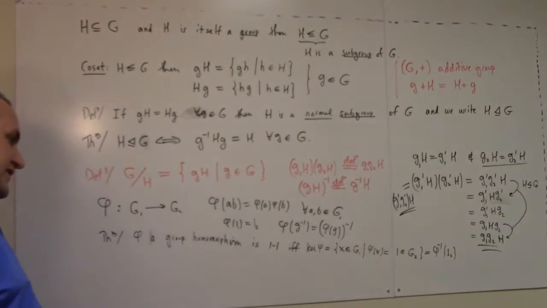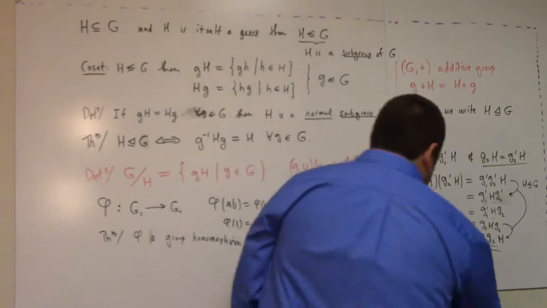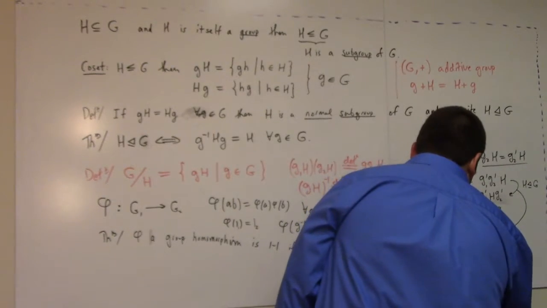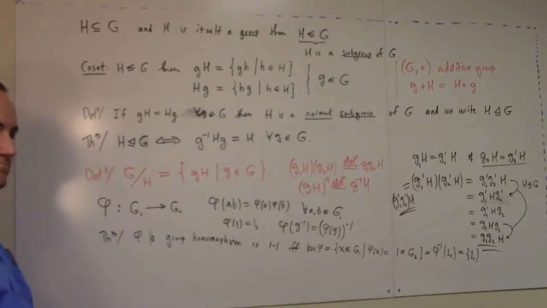If the inverse image of the identity is just the singleton containing the identity in the first group, then this is a 1-to-1 map.